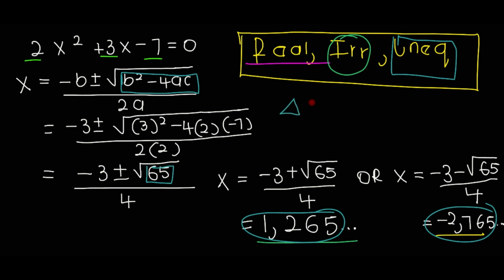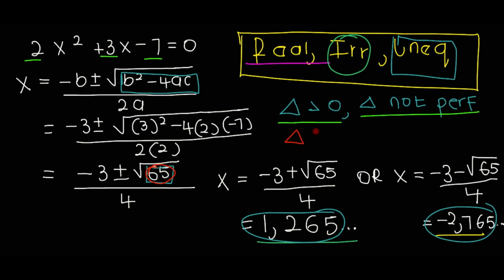So the discriminant is positive, and it is not a perfect square. For that reason, the nature of the roots will be real, irrational and unequal. But if you check the previous one, you can see that we had 49.